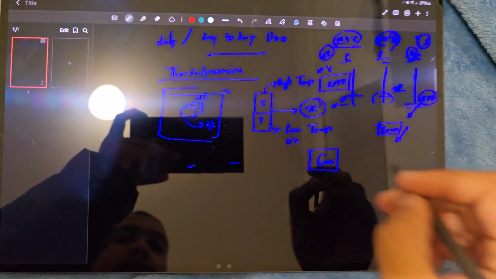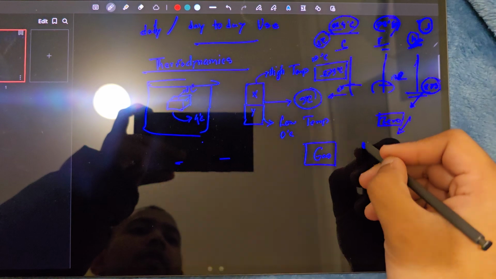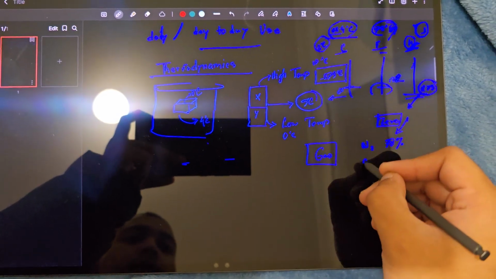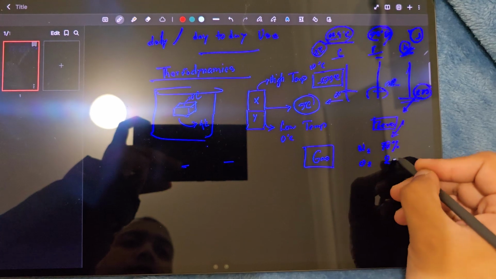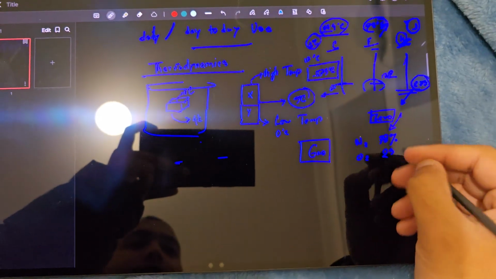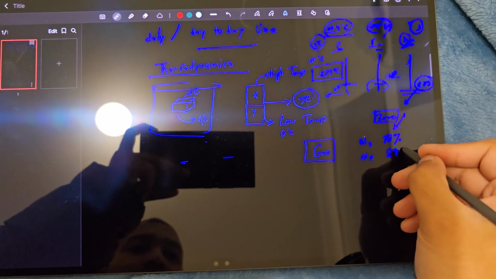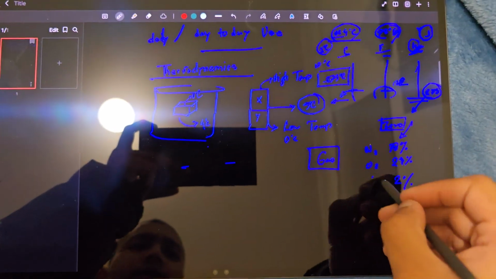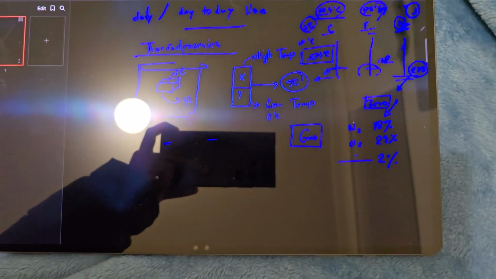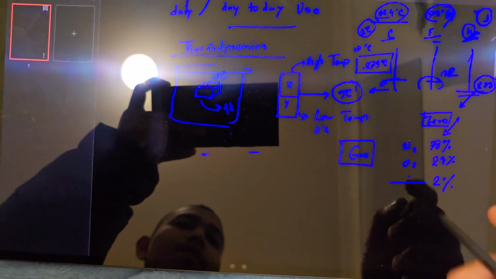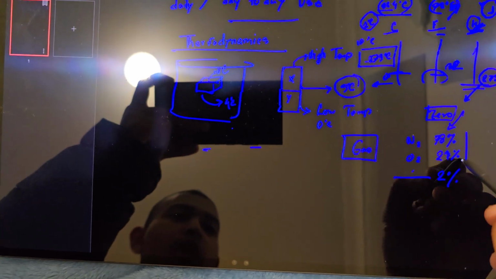So what are the percentages of the different gases? Nitrogen, say 78%. Oxygen is 23% or something. Not 23%, it would be much higher, right? So let's say 21%. So the remaining 1% is the rest of the gases. So gases are all around us. When we feel cold outside, the temperature is low, our gas is at low temperature.